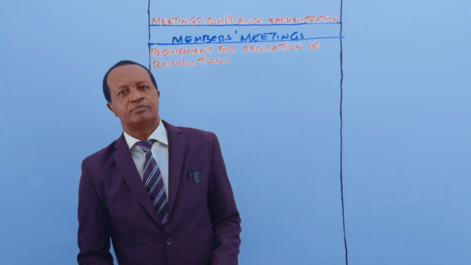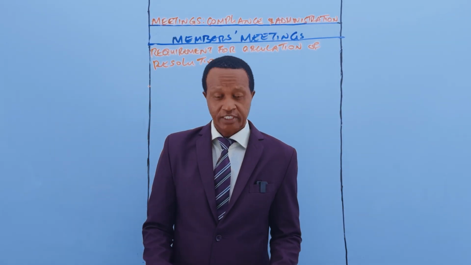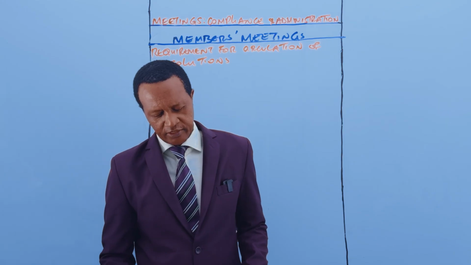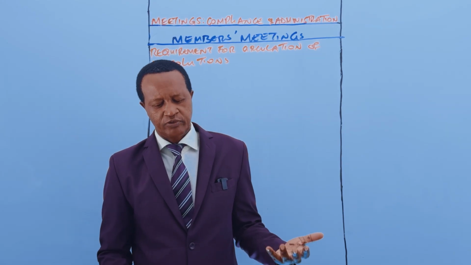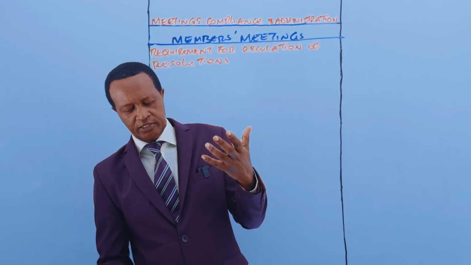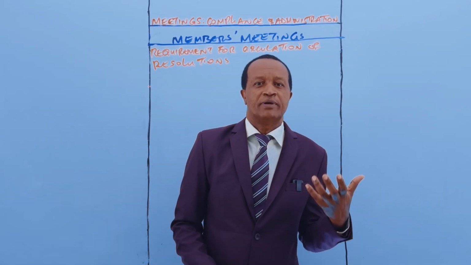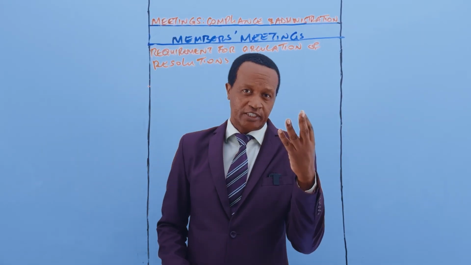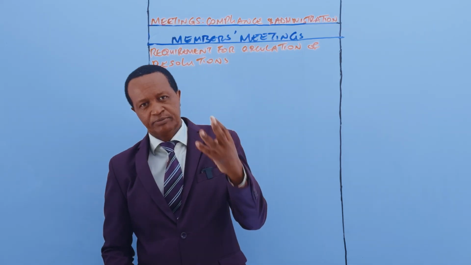The subject is meetings. In our last session, we studied the requirements for a valid physical, virtual, and also a hybrid members meeting. Those are three methods of holding a members meeting.